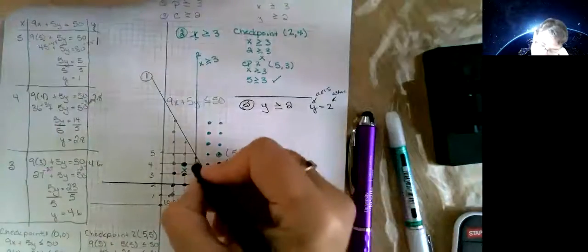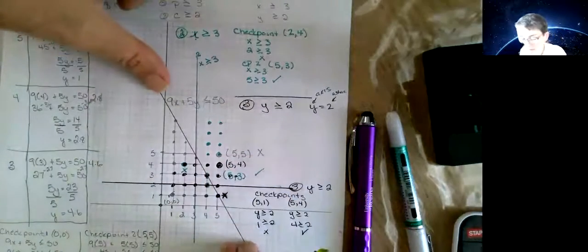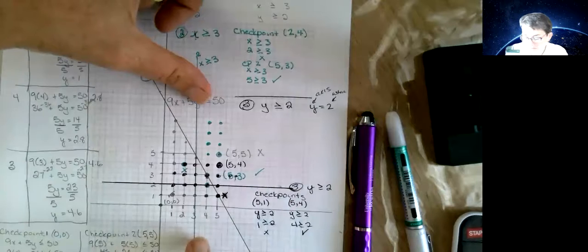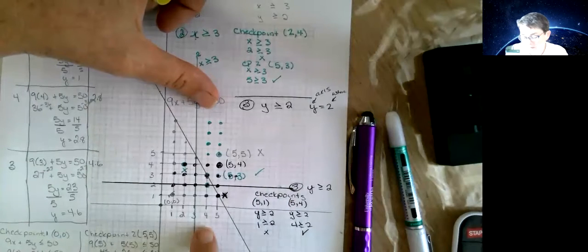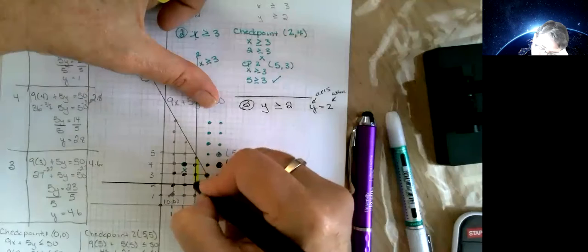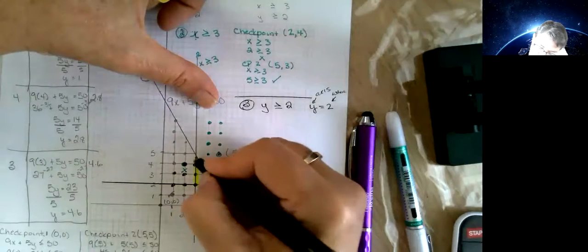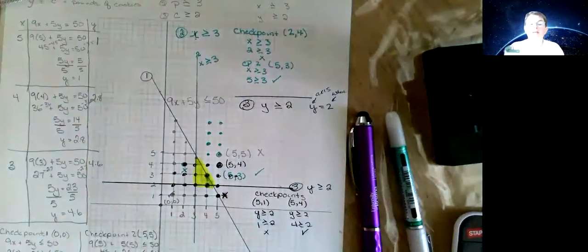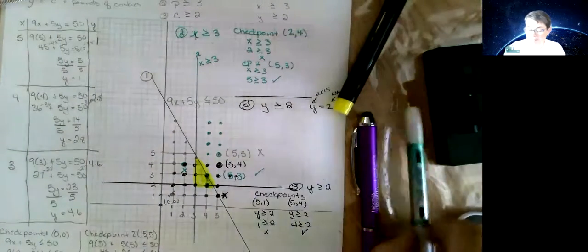So, all right, guys. We have to be underneath this line. So like that. We have to be to the right of this line and above that one. So after all that work, that little bitty triangle is our feasible solution.